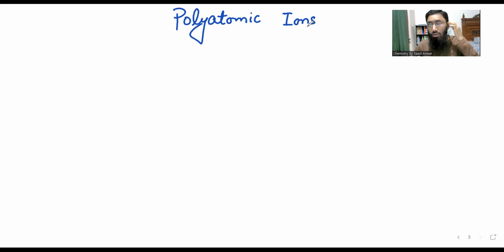Ions means species which carry positive or negative charge. Poly means many, atomic means atoms. So those ions which have a combination of atoms.